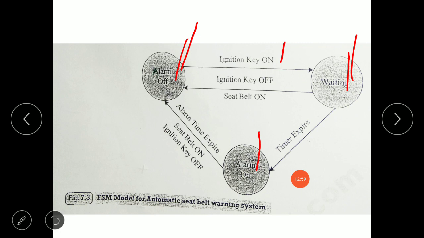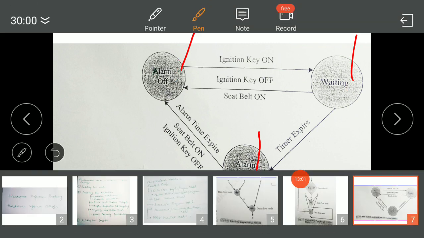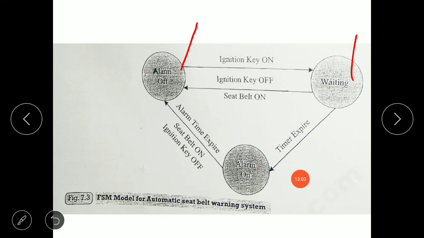So what is happening here? When the vehicle ignition is turned on, this is ignition key on, and the seat belt is not fastened. If the seat belt is not fastened within 10 seconds of ignition on, the system generates an alarm signal for 5 seconds.